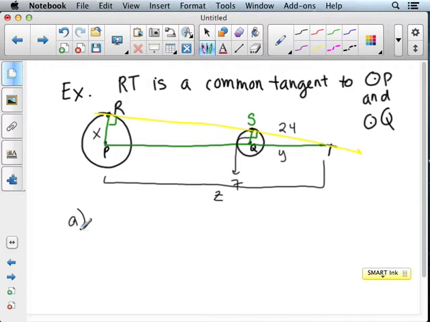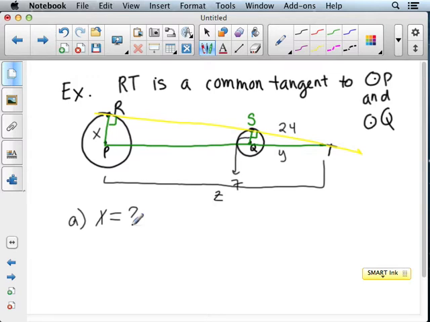So part A, X is PR. X equals what? Well, how can we set this up? I know by angle that this big triangle and this little triangle are going to be similar. So I can set up a proportion where I say X over 48.